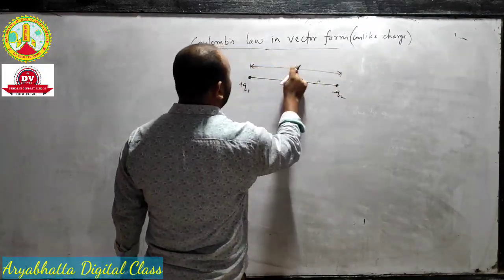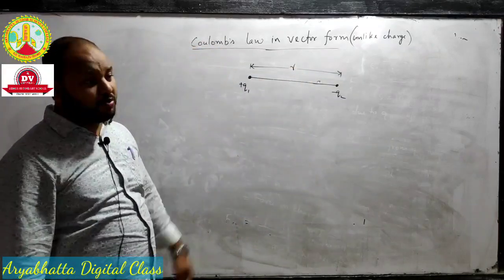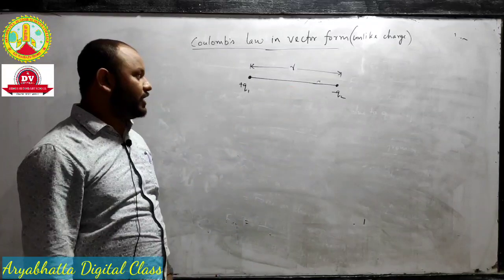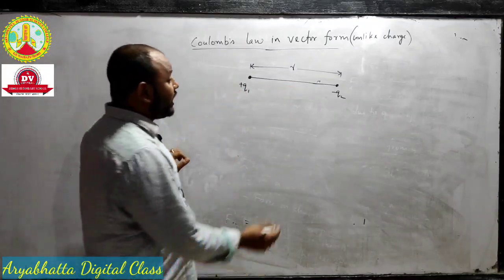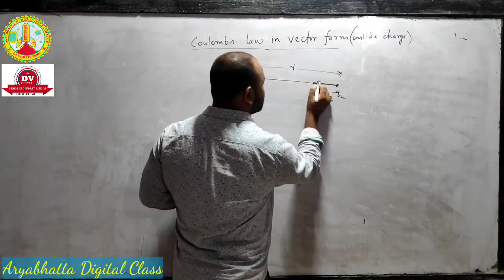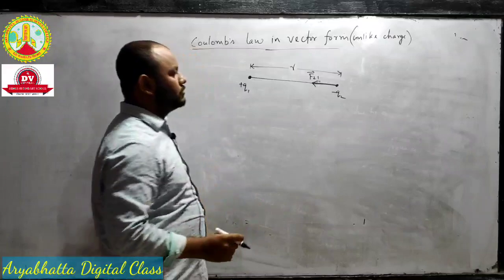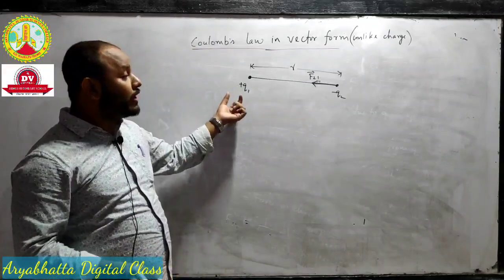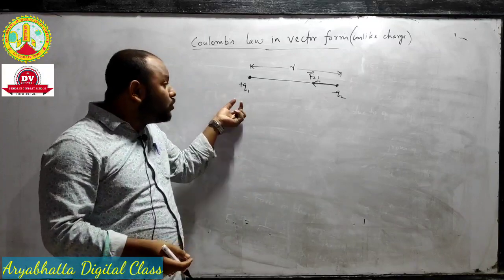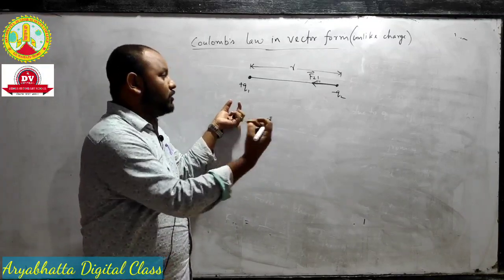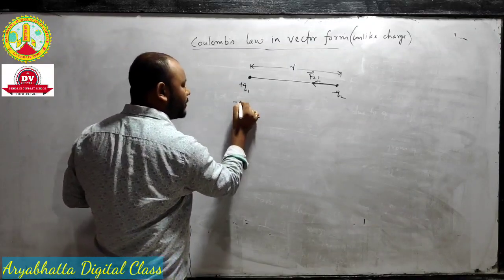Here Q1 and Q2 both are point sources. Q1 is positive and Q2 is negative, so Q1 will attract Q2 in this direction with a force F21. Because Q1 is positive and Q2 is negative, the plus Q1 will attract minus Q2 in this direction. What is this F21?